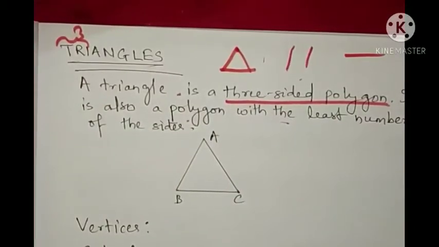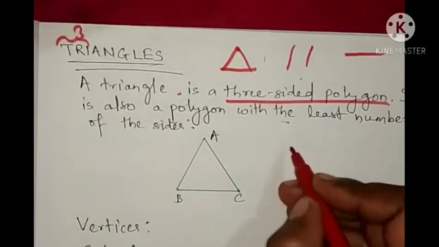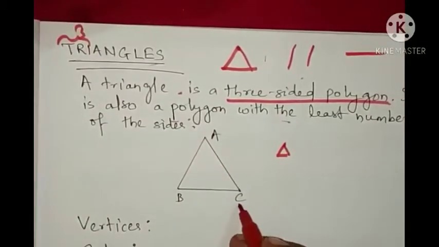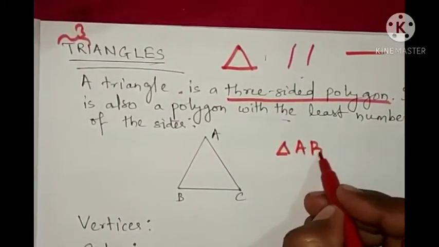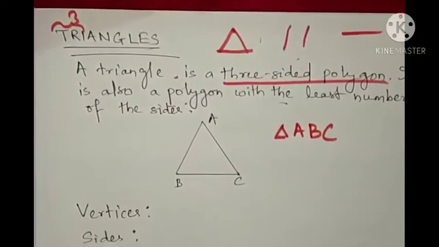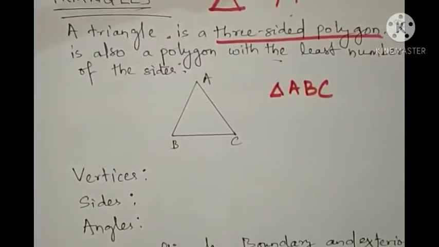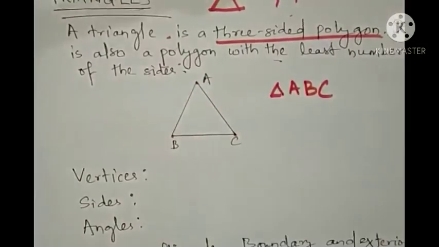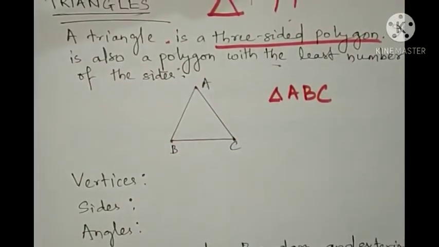How will you denote a triangle? You put a small triangle sign and write triangle ABC. Triangles have different parts. The points where adjacent sides join are known as vertices.